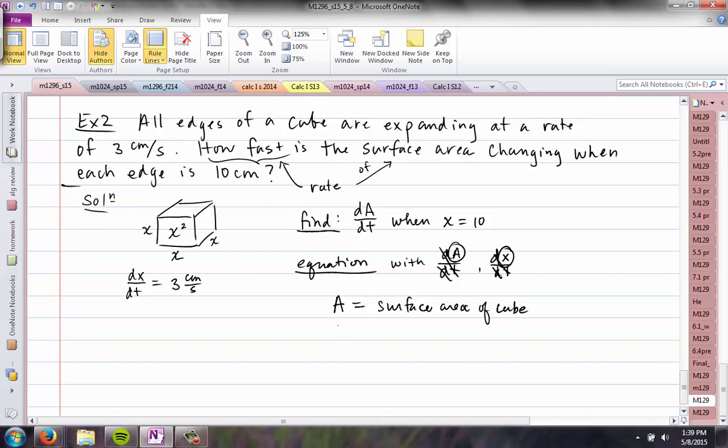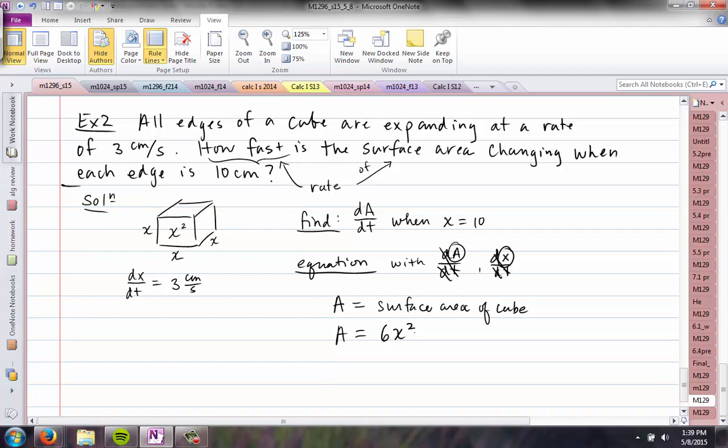And so all we need to do here to find this equation is to add up all the faces. So I have the front face, one face here, face here, face here, that's 3, one in the back 4, the other one on the other side 5, and the bottom, which is 6. So this is going to be 6 times x squared.